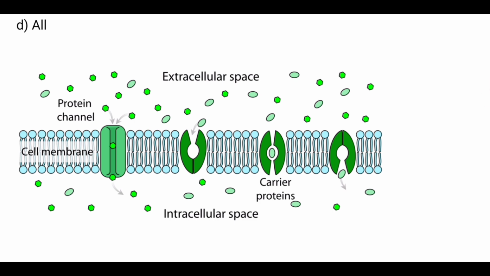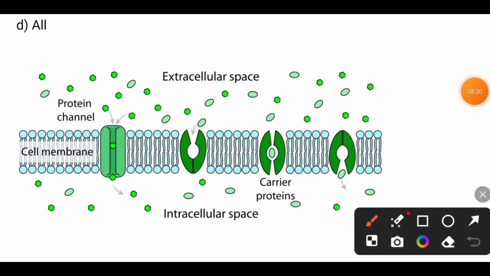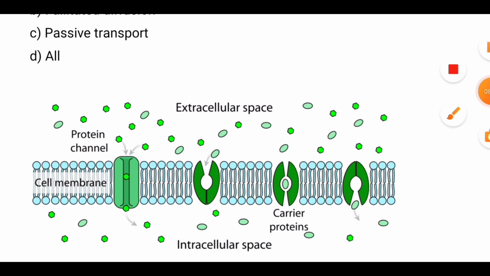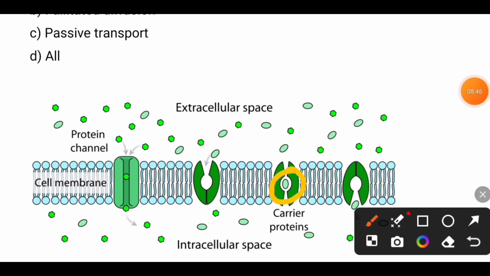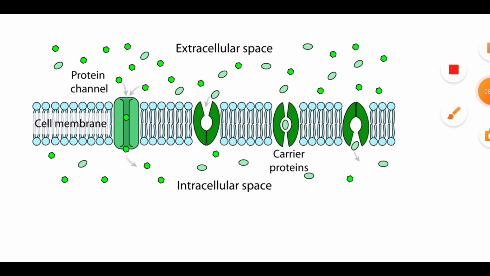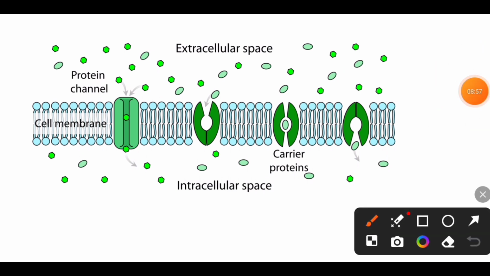Now let's see the second category, carrier protein. These three are carrier proteins. The carrier proteins bind to substrate. Here you will see the substrates inside the proteins. They have the binding sites for the substrate. Carrier proteins also carry the substances outside and inside of the membrane.